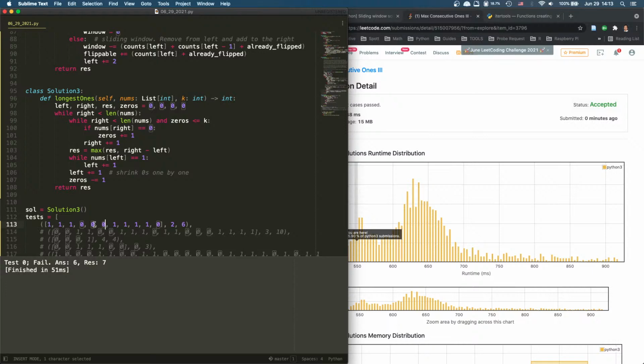That's good. Then if left equals 1, left is here, we're going to shrink 1. So left is pointing here, so zeros come back to 2. Coming back up, zeros smaller than 2, and right is 0, so zeros plus 1 is 3, and right comes here, so right is here now, left is here.